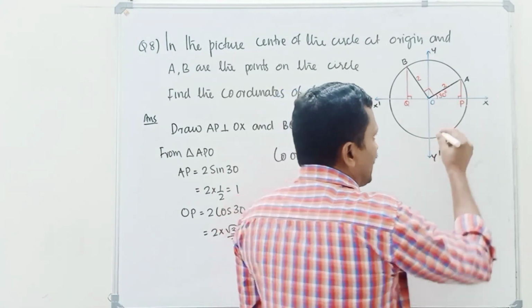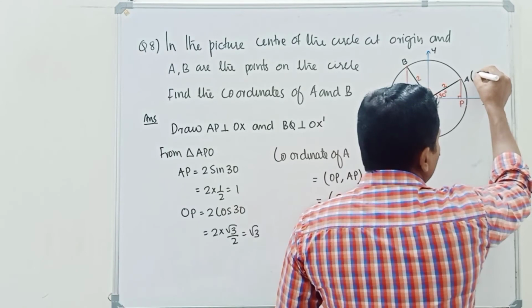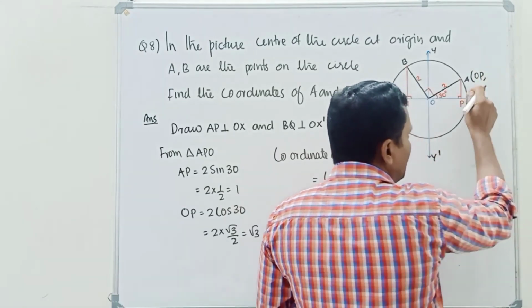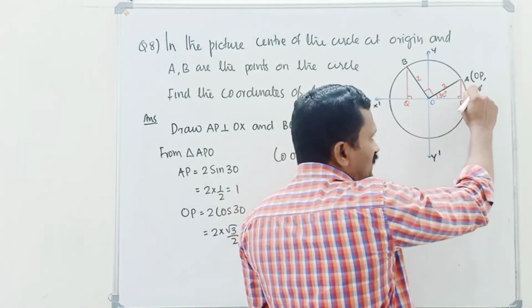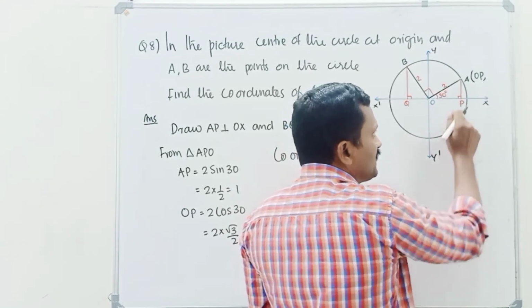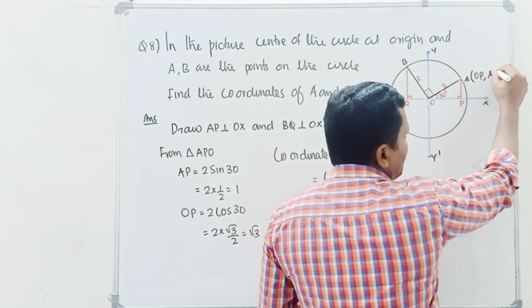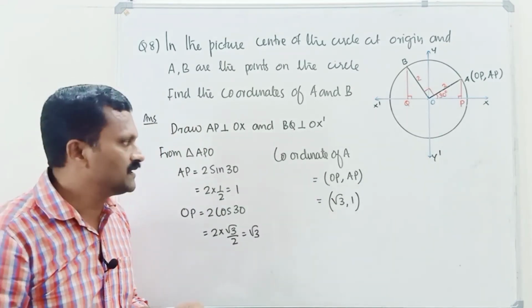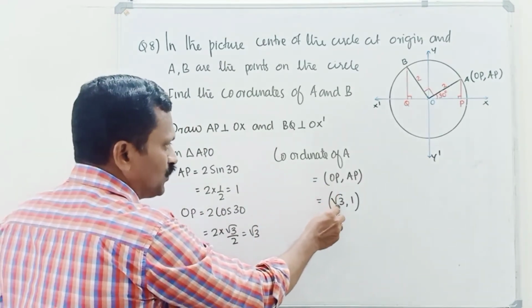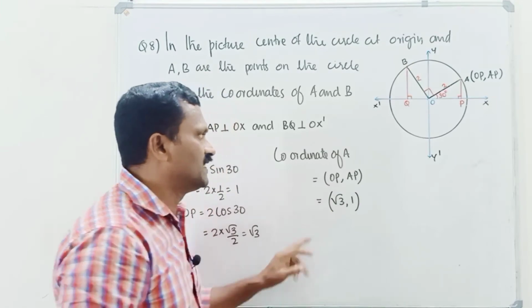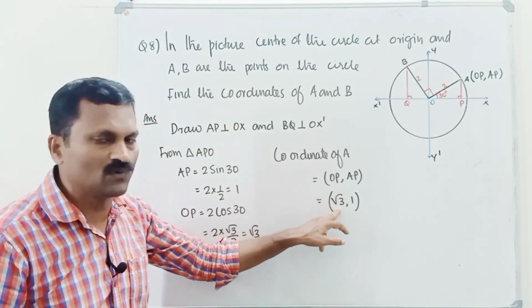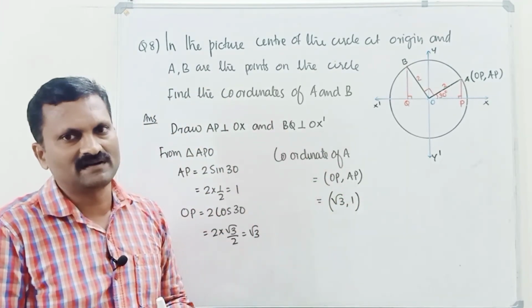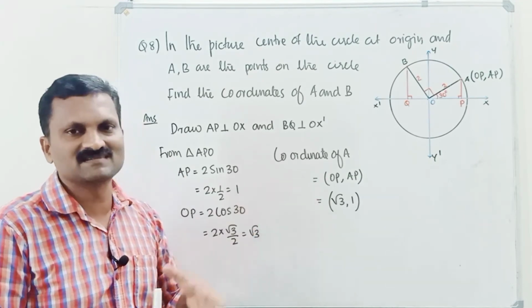So the x coordinate of A is OP and y coordinate is the distance from x-axis to that point, that is AP. So the coordinates of A are (OP, AP). Here OP is root 3 and AP is 1. So coordinates of A equal (root 3, 1). Can you follow? Copy this.